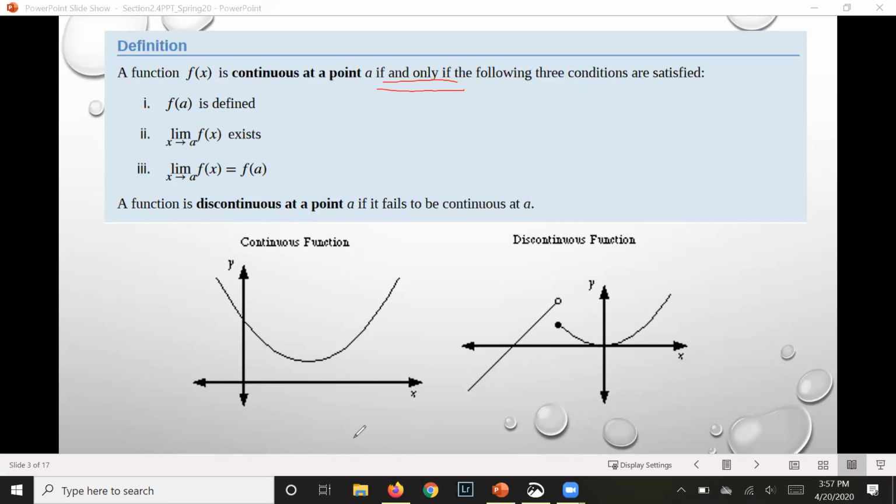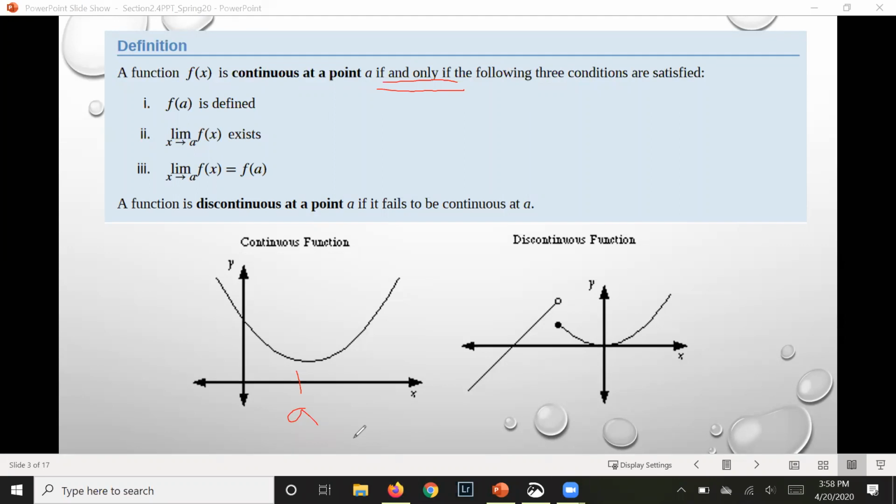Down below I have two examples of two different types of functions: a continuous one and a discontinuous one. To show how this continuous function relates to the definition of continuity, let's say that my point a is right here. Okay, so that's our point a.